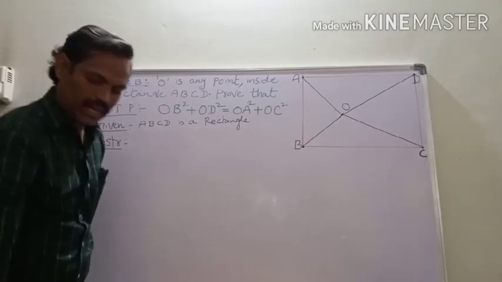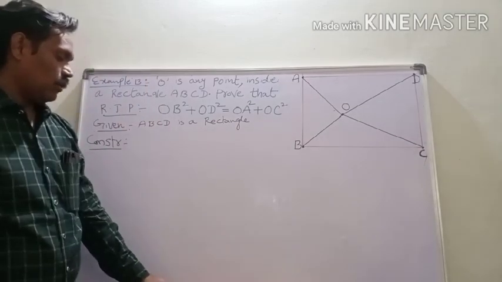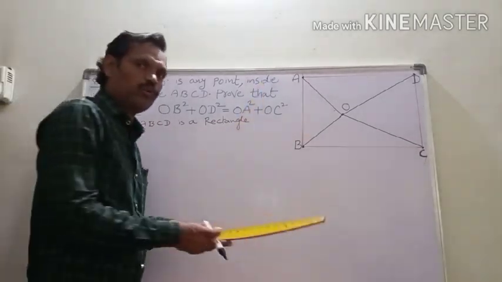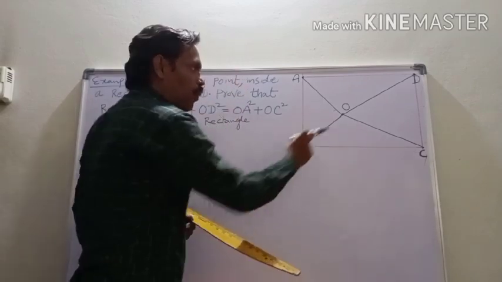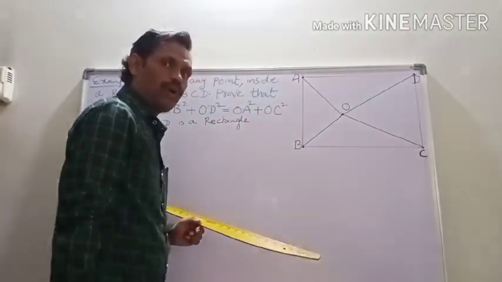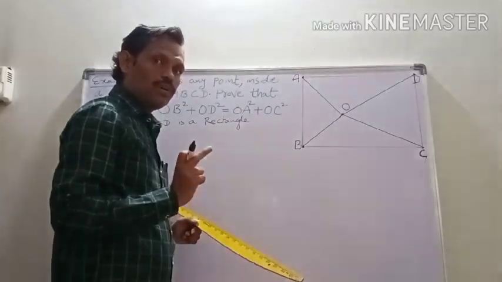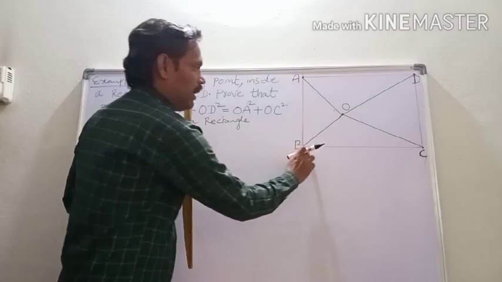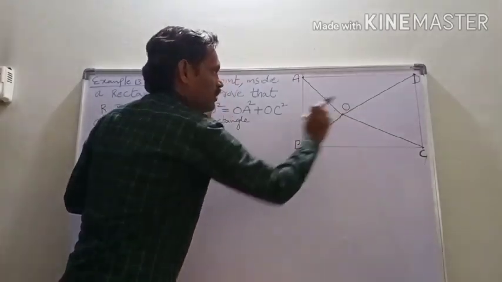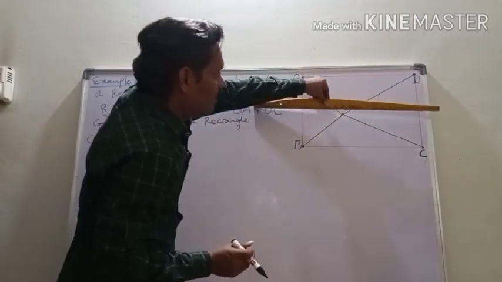So the construction is, you have to draw a line parallel to BC and passing through O. I will draw like this.